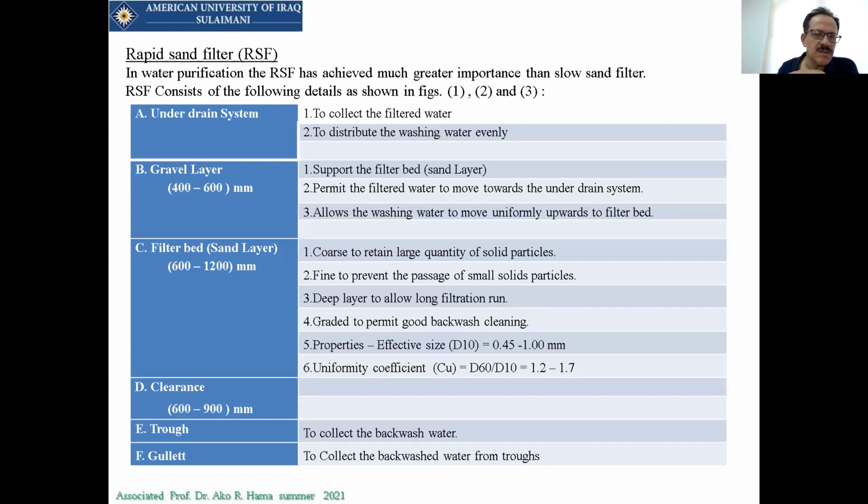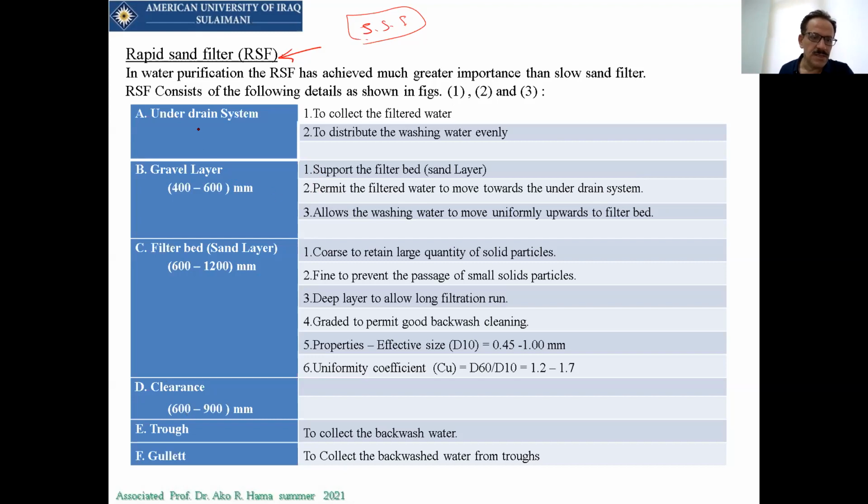By the way, the rapid sand filter is what is mostly used nowadays, and the slow sand filter is now gone. During the 20s to 40s of the previous century, they were just using the slow sand filter, but nowadays everything works on the rapid sand filter because we need a very high flow rate, or a lot of clean water in a very short time.